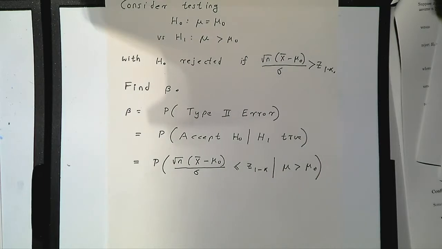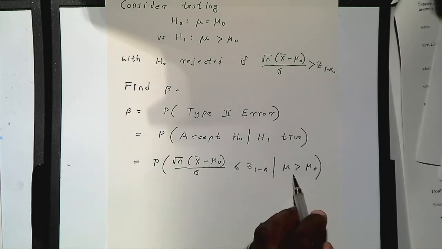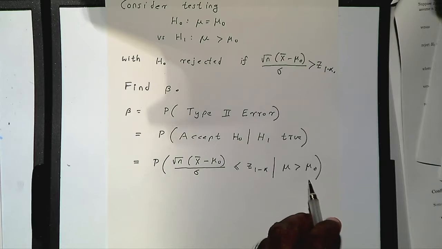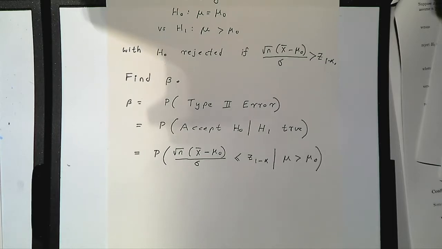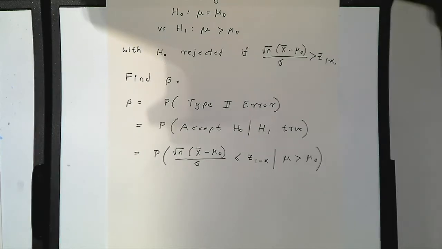You guys with me so far or not? Right. Now, we are conditioning on the fact that the population mean mu is greater than mu 0, right? Now, you may recall that, I don't know whether you remember this or not.